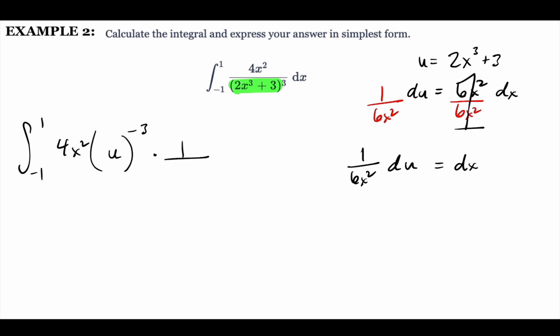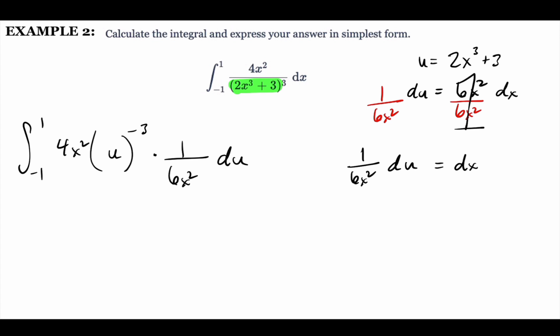And then dx is 1 over 6x squared du. Okay, so the green stuff, I put in u, and I moved it to the top by saying it's to the negative third power.